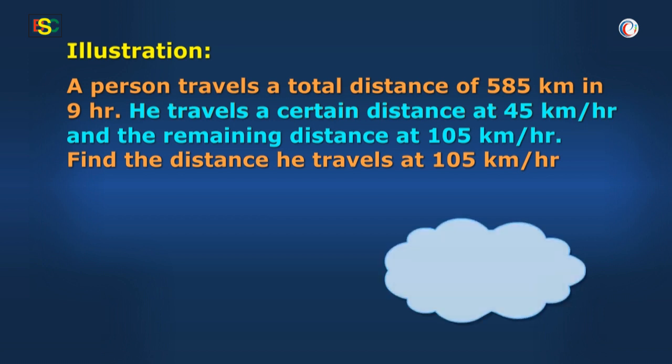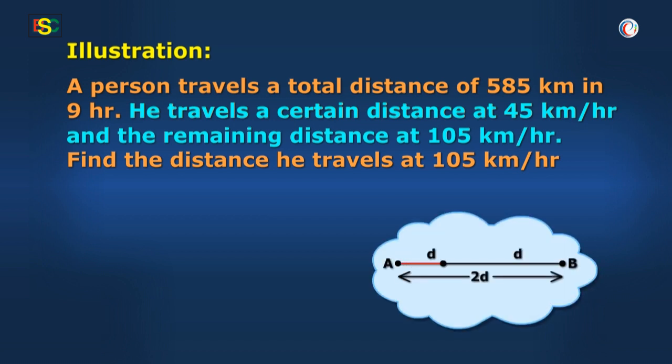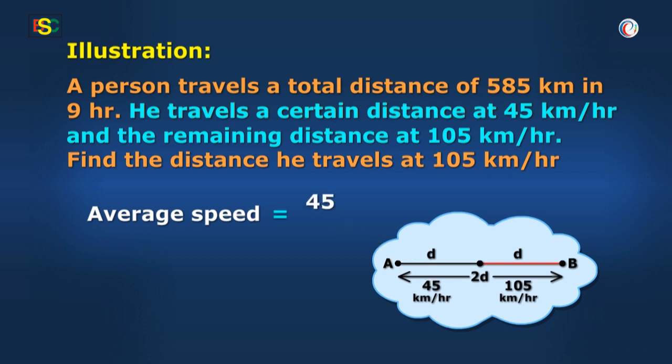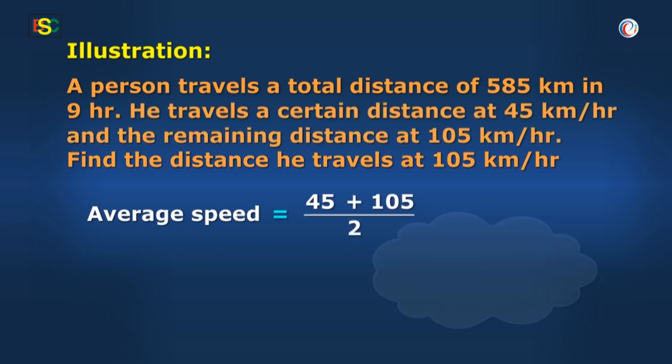Now, if he had traveled half the distance at 45 kilometers per hour and the other half at 105 kilometers per hour, the average speed or weighted mean would have been (45 plus 105) divided by 2. That is 150 by 2, which is equal to 75 kilometers per hour.